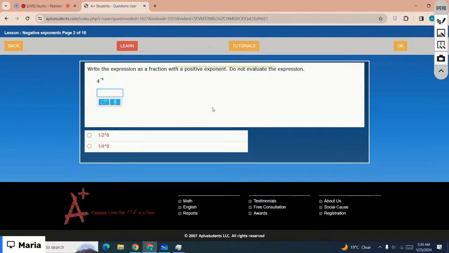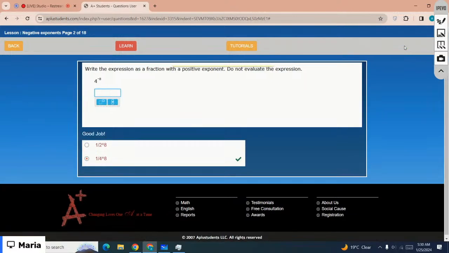Yes, that is the second one. 1 over 4 exponent 8 is the correct option.